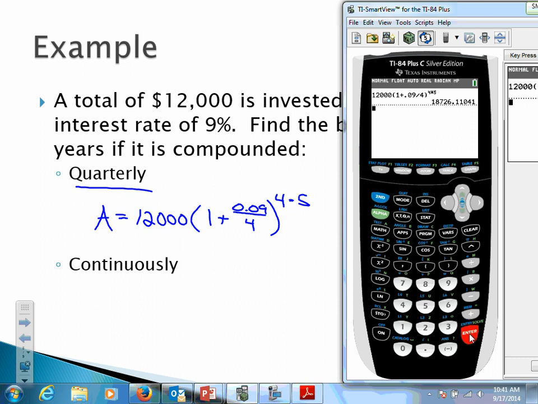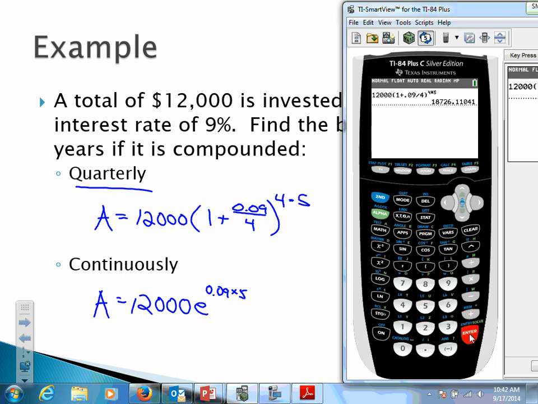All right, so let's compound it continuously then. If we compound continuously, here we're using our PERT formula. So again, our principal amount is 12,000. We're going to multiply this by E, and then our exponent would be the rate times the time. So 0.09 times 5.